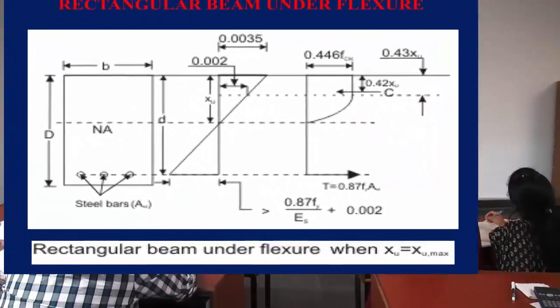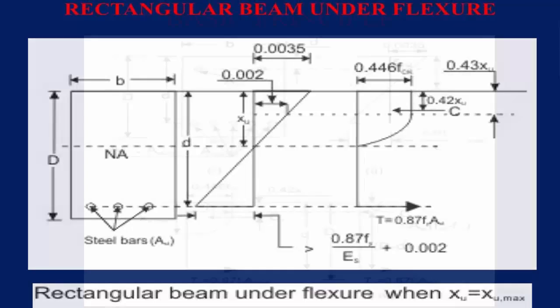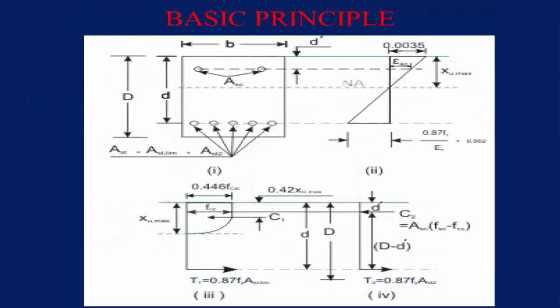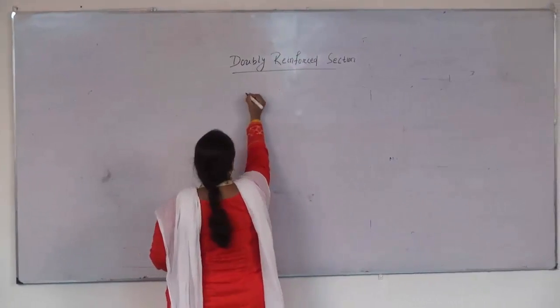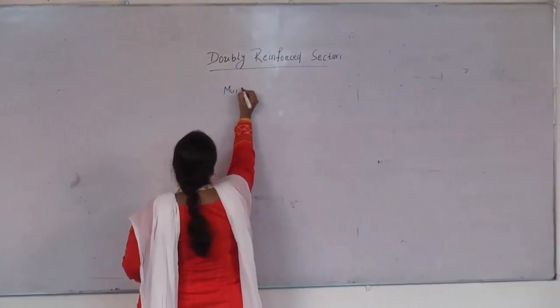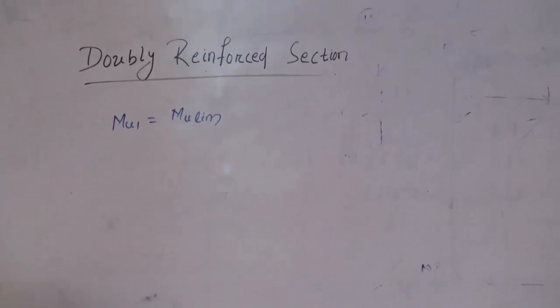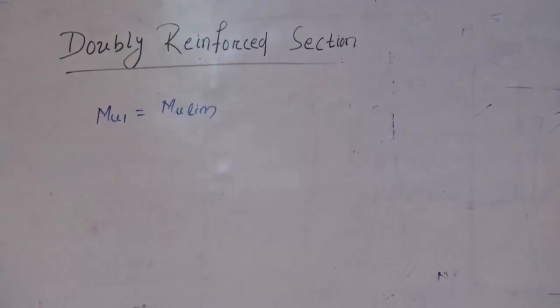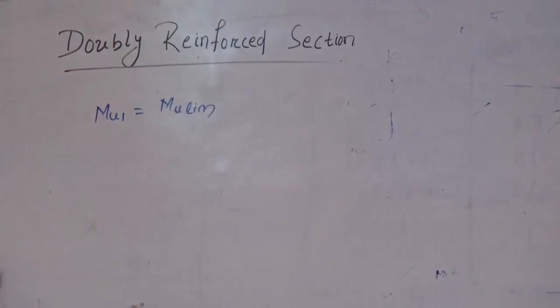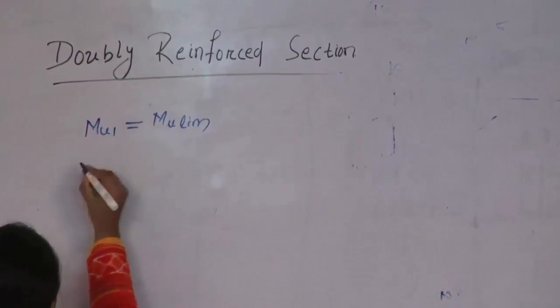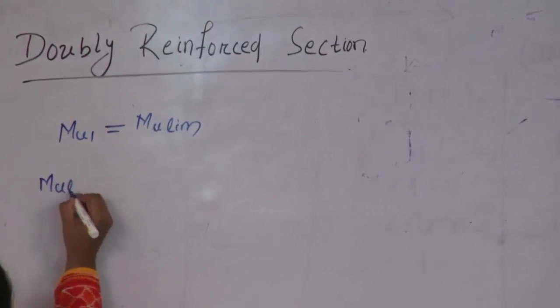So we are going to solve one problem, but I have to write some equations, then only we solve some problems. Okay, so first, Mu1 equal to Mu limit. Here I am going to find out the moment of resistance of the singly reinforced section, which is Mu limit.